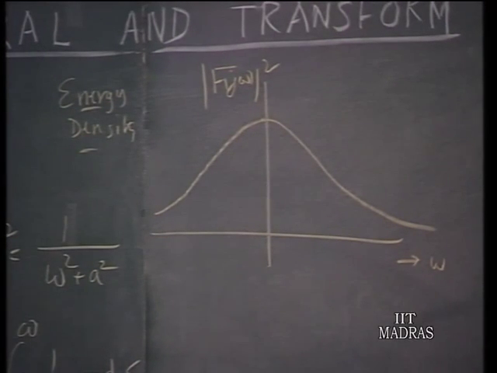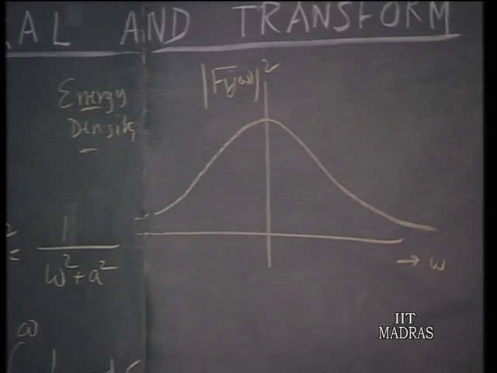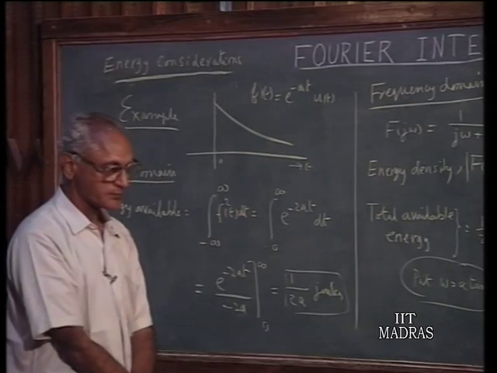This gives us an idea of where the energy is concentrated, at what frequency bands there is more energy. Now, as you can see, there is a lot of energy in the low frequency band centered around the DC. At higher frequencies, the energy is somewhat less. This additional information is obtained through the Fourier transform analysis as compared with the time domain analysis.